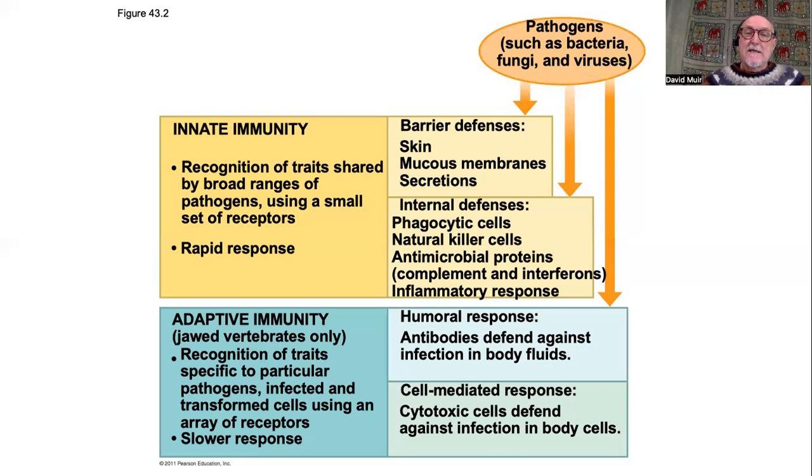The other part of the adaptive immune system is cell mediated. In the adaptive system, there is a group of cells called the cytotoxic T cell, which can be trained to go out and recognize cells which, for example, have been infected by a virus or by bacteria, or cells, in some cases, which have been transformed into potentially cancerous cells.